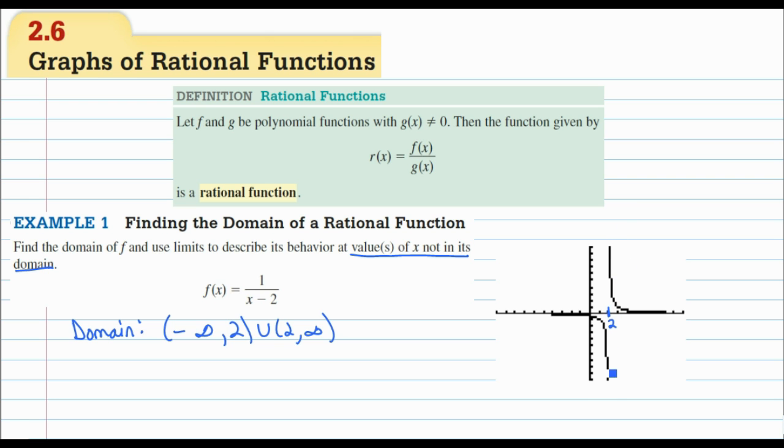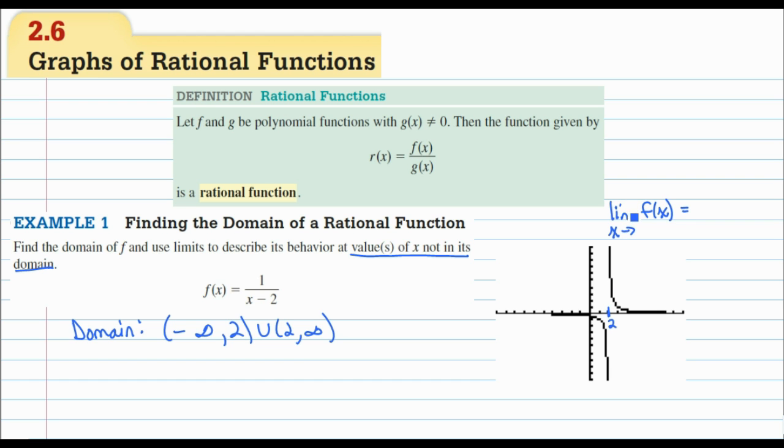There's this top one and there's the bottom one. Now, each end behavior will be expressed as a limit. The limit of f of x as x approaches some number will equal something else. So you are describing the end behaviors in two different ways, just like you did in section 2.3.